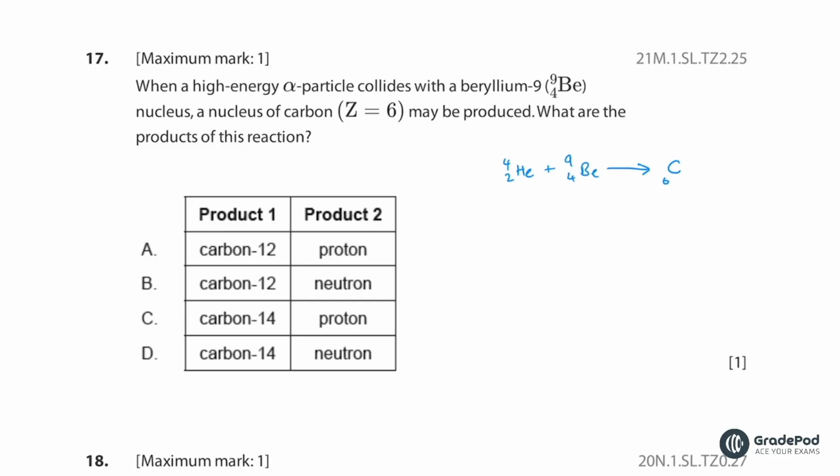Let's have a look. Right, well, on this side, we've got 13 nucleons, and carbon-12 is that. So we need to have something else that has a nucleon number but no proton number, which is a neutron. So we've got carbon-12 produced, and a neutron. The answer is B.